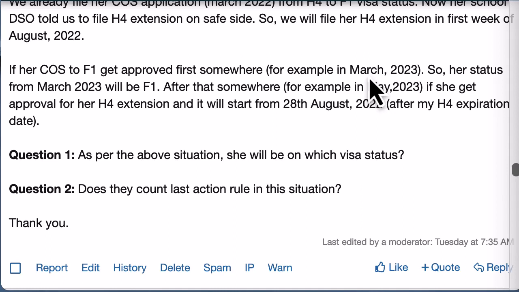If the F1 doesn't get approved, then obviously you have no problem. If the H4 extension gets approved or is still pending and the F1 gets approved, you revoke or withdraw the H4. If the H4 is approved before the F1, then when the F1 gets approved, the last action is F1. Okay, so that's the way I see it.